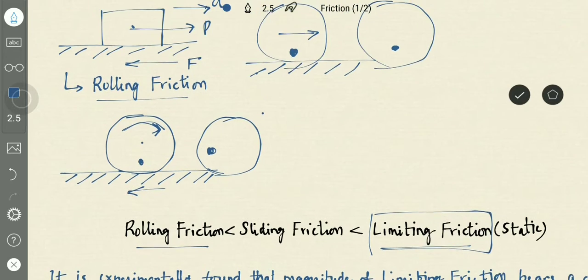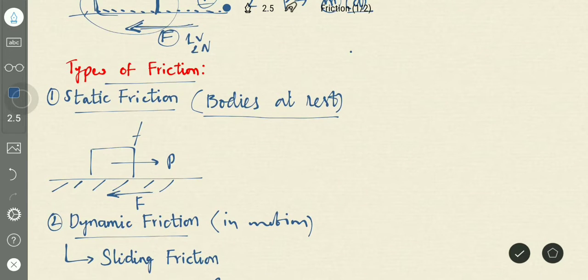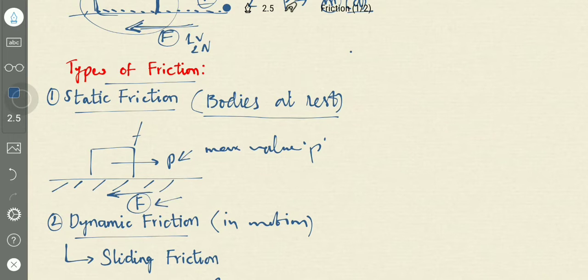We have seen that up to a maximum value of P, the body stays at rest. At this maximum value of P, the frictional force applied is called limiting friction.